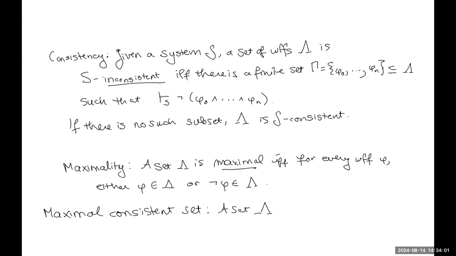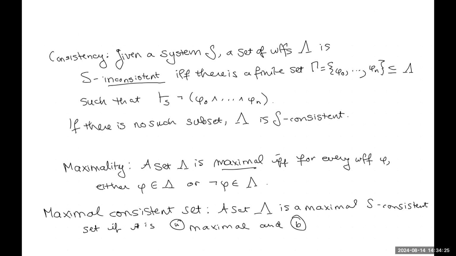So a set of formulas lambda is a maximal S consistent set if it is A, maximal, and B, S consistent.